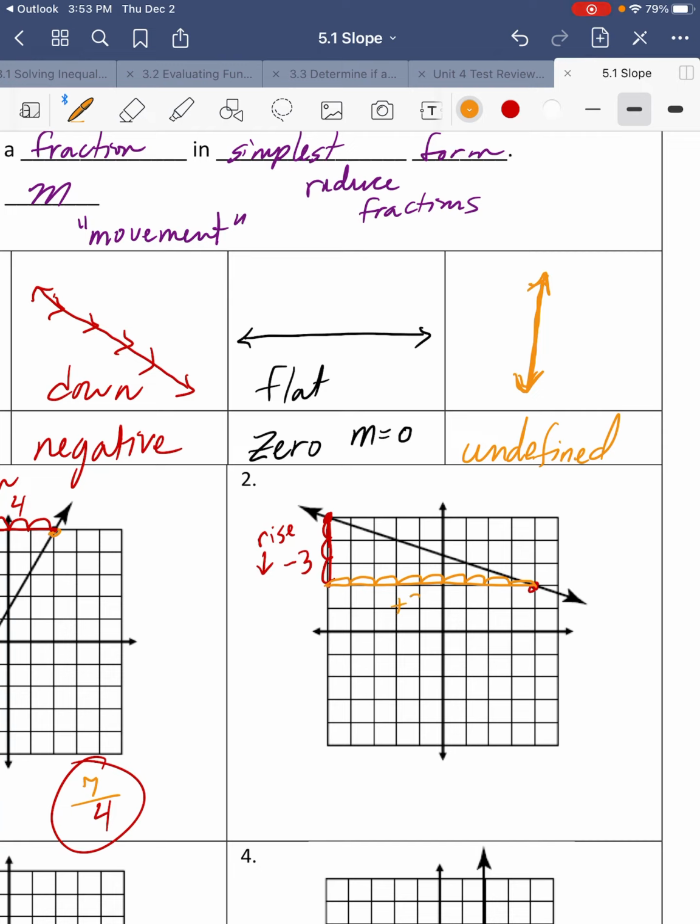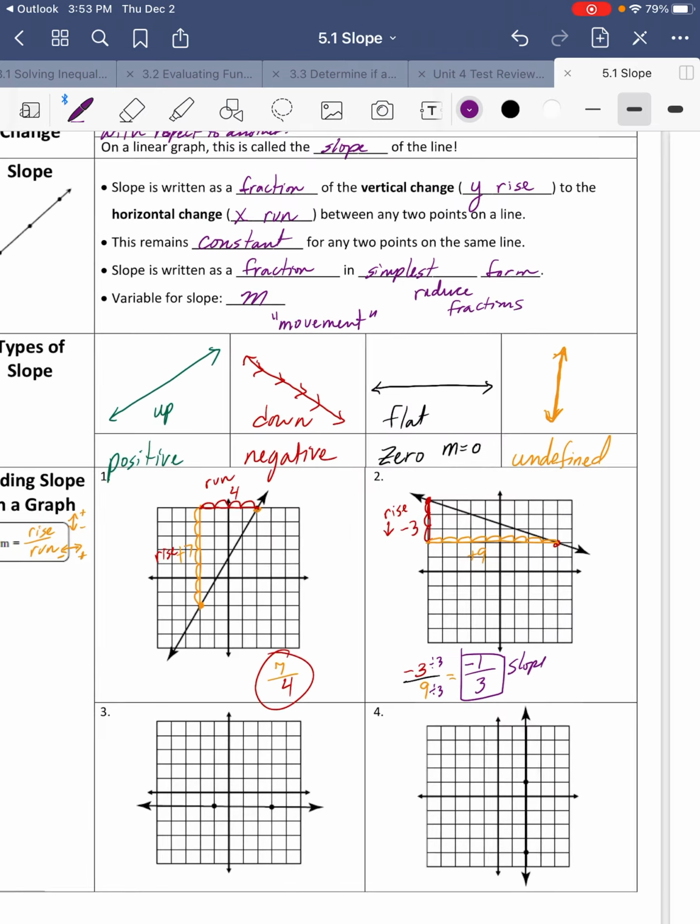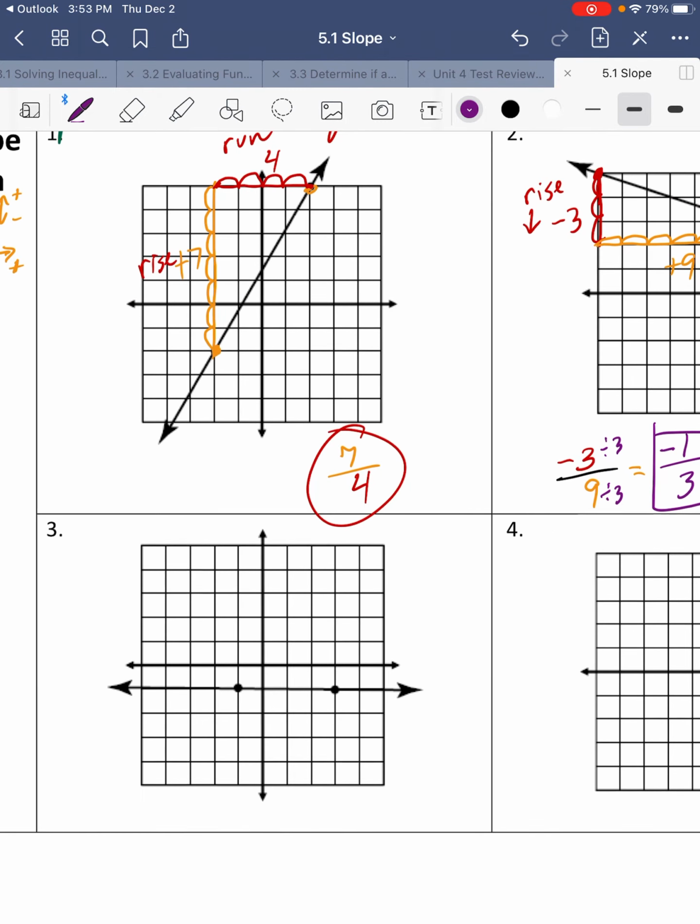Right is positive, so +9. So we have -3 over 9, which reduces by dividing the numerator by 3 and the denominator by 3. -3 divided by 3 is -1, 9 divided by 3 is 3. So our slope is -1/3.